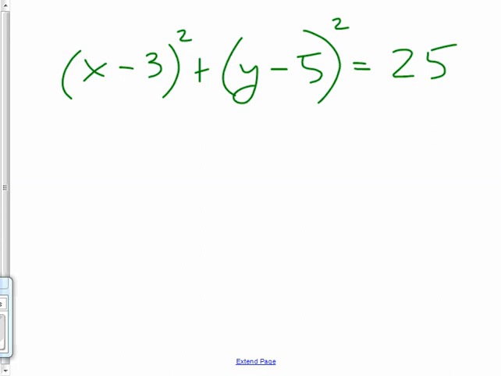So can you tell me the radius and can you tell me the center? Write them on your iPad or in your notes if you're taking notes on paper. For those of you that are on your iPads, I'm going to ask you to zoom in on it real tight and then tell me what's the radius and then tell me what's the center.